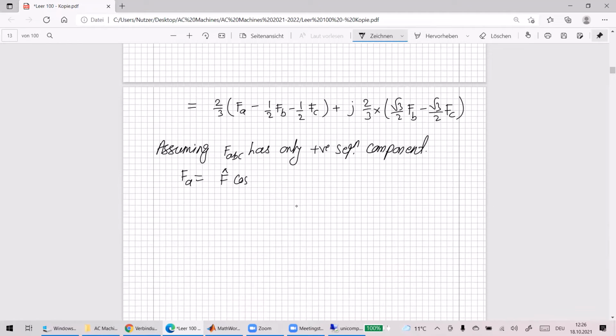Let's say F hat is a magnitude, cos omega t plus phi, so let's say some initial phase.